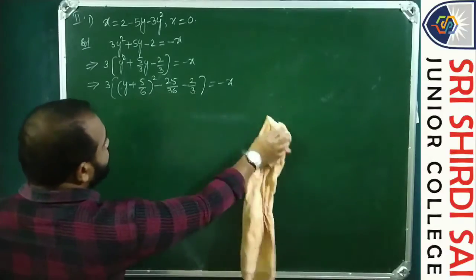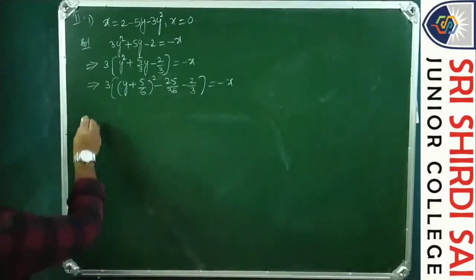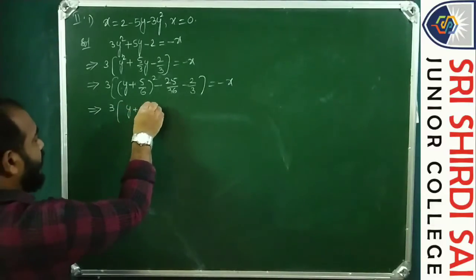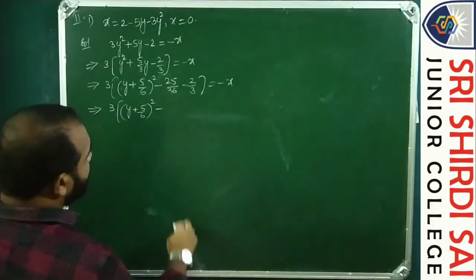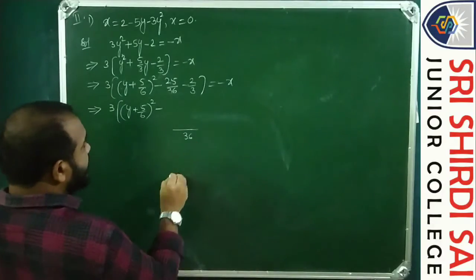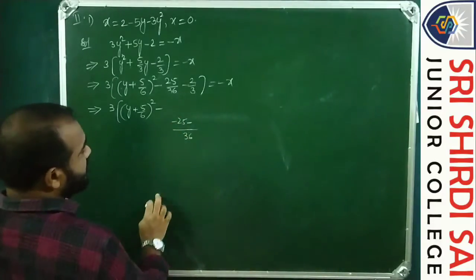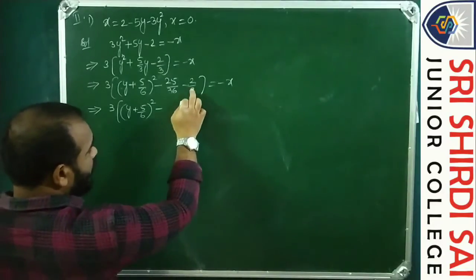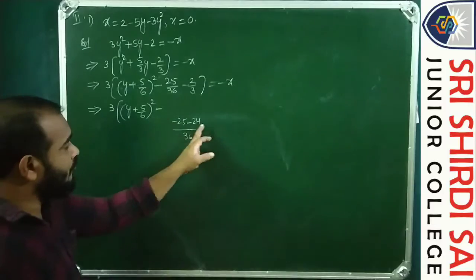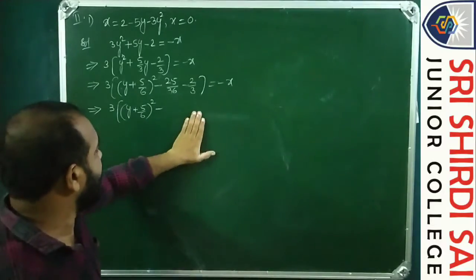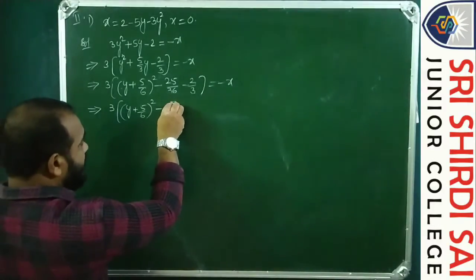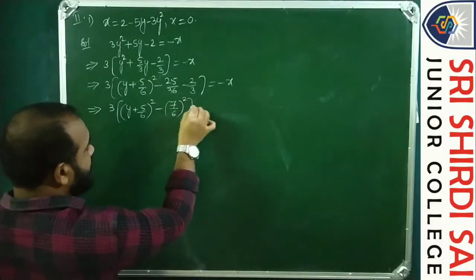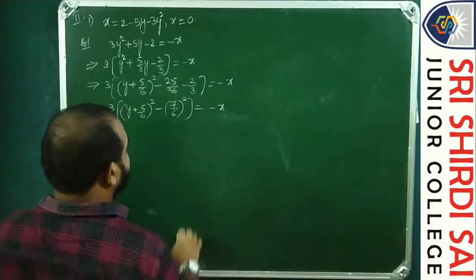That is equals to 3 into y plus 5 by 6 whole square minus, here LCM is 36, so minus 25, 3 12s are 36, 12 2s are 24, minus 25 minus 24 is minus 49 by 36, that is 7 by 6 whole square, is equals to minus x.